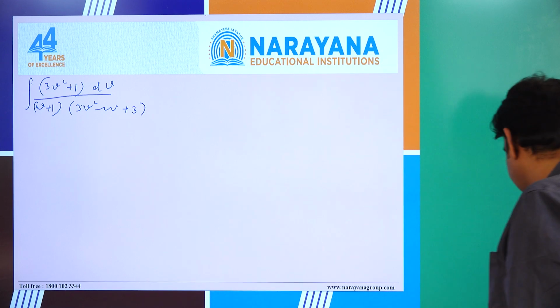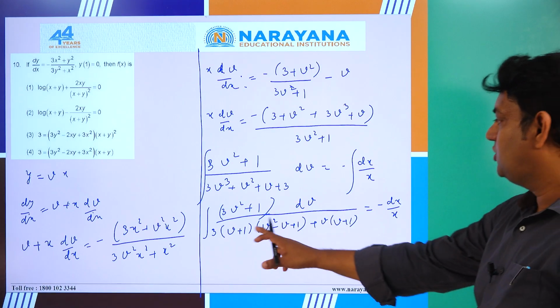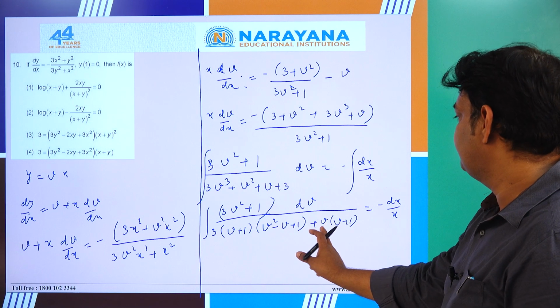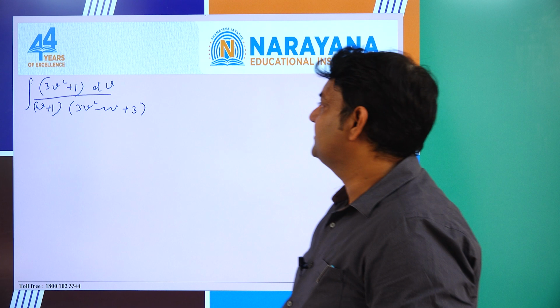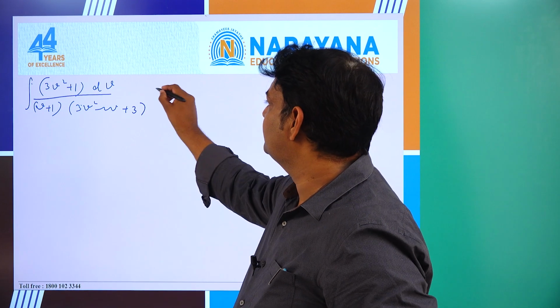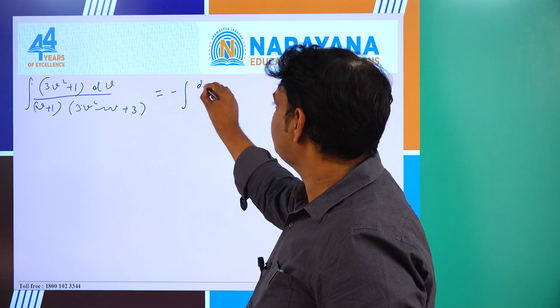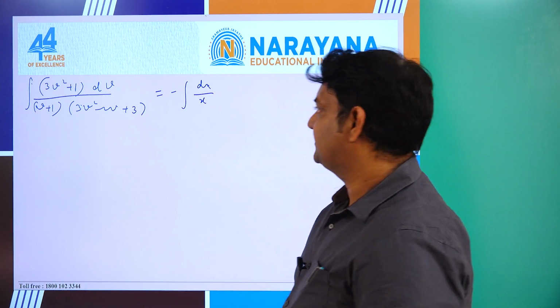Check it once. V plus 1 common, 3v square minus 3v plus v minus 2v plus 3. 3v square minus 2v plus 3 is equal to minus of dx by x.